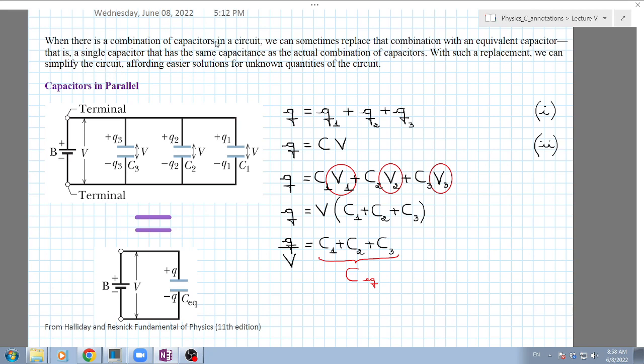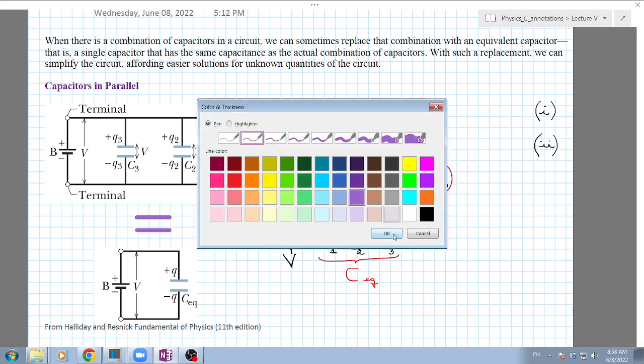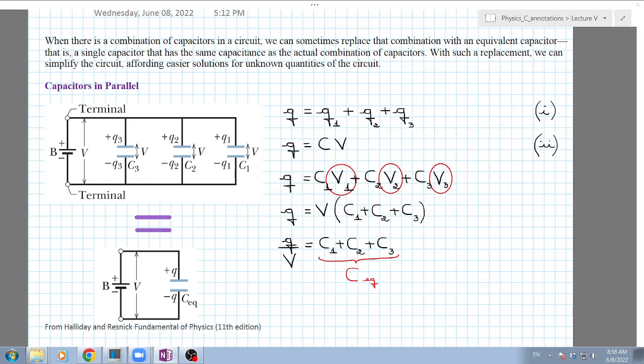So we can generalize the equivalent capacitance: when you have capacitors in parallel, you just have to sum up, the summation over i from 1 to n, of the capacitance of each individual capacitor.